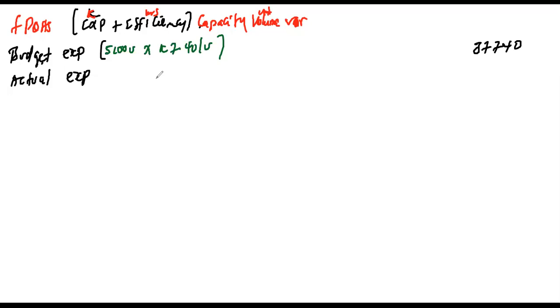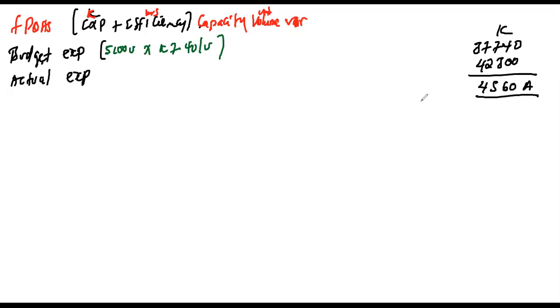The actual was 42,300. So the difference is 4,560 adverse, because they spent more than the budget.